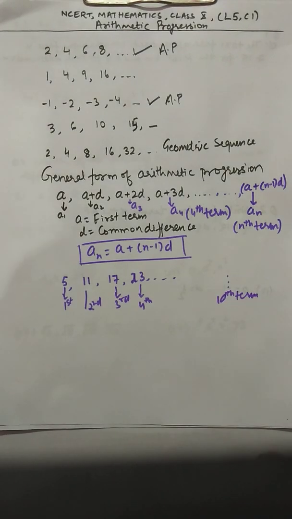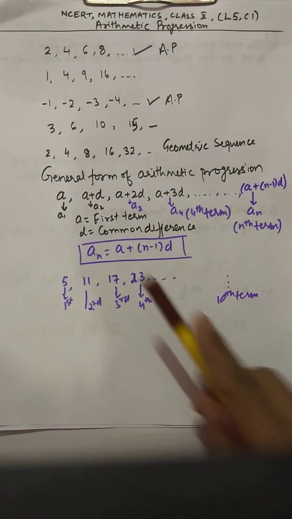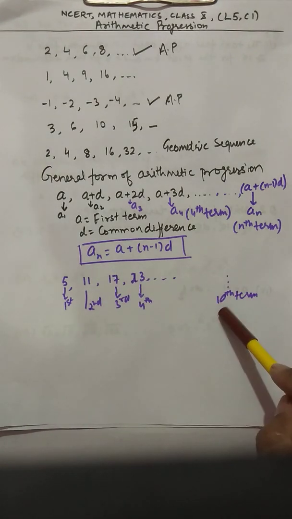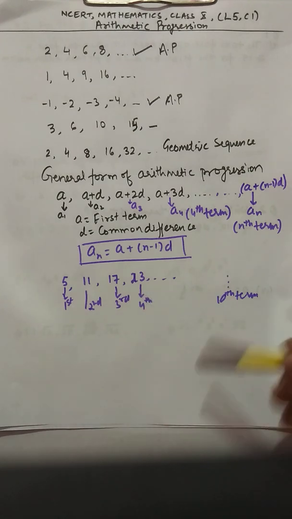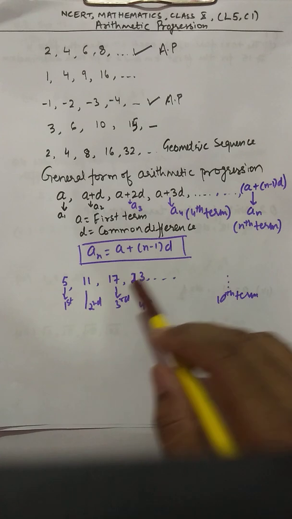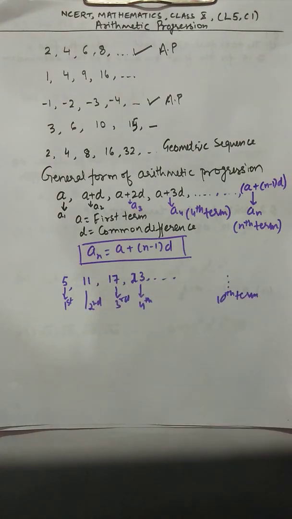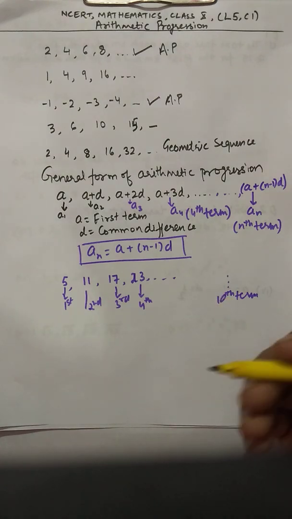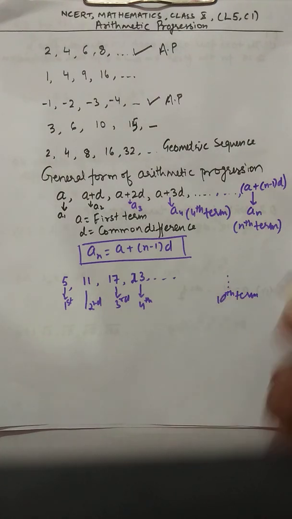For the 10th term, you cannot write this sequence up to 10th. Okay, you can go manually, but if I ask you for the 100th or 200th term, then this will be very difficult to find. So better we have to develop the method through which you can find any term in the sequence.